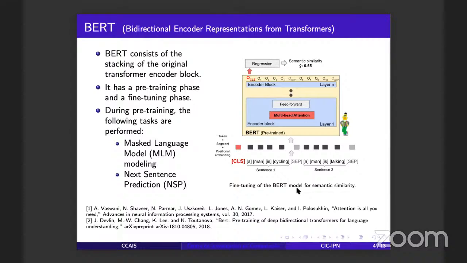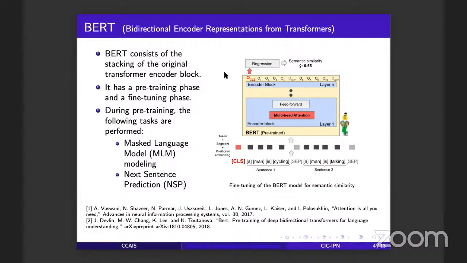BERT means bidirectional encoder representations from transformers. It consists of a series of encoder blocks, and in each encoder there are an attention layer and a feed-forward layer. In the figure, you can see fine-tuning of the BERT model for semantic similarity.